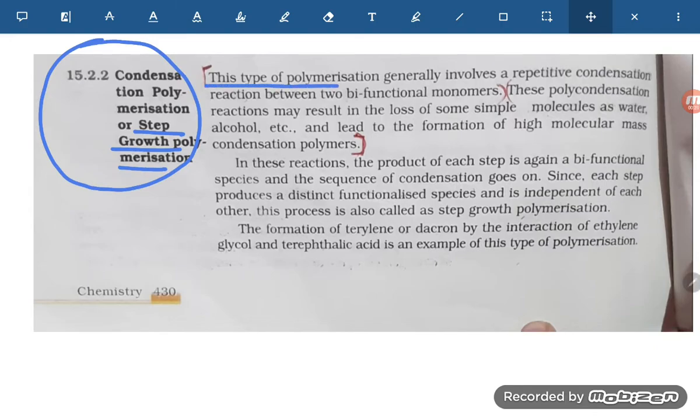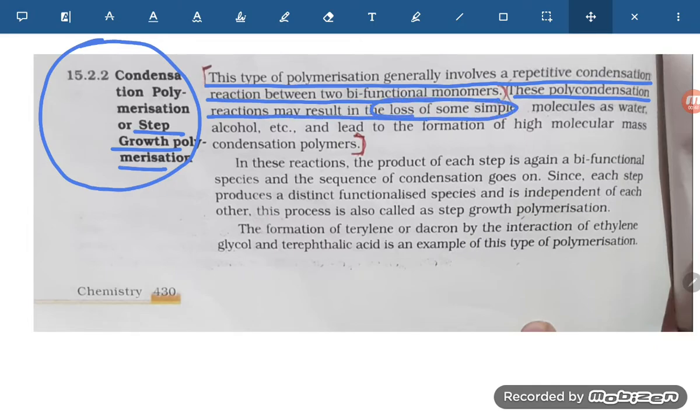This type of polymerization generally involves a repetitive condensation reaction between two bifunctional monomers. This polycondensation reaction may result in the loss of some simple molecule like water, alcohols, etc., and leads to the formation of high molecular mass condensation polymers.